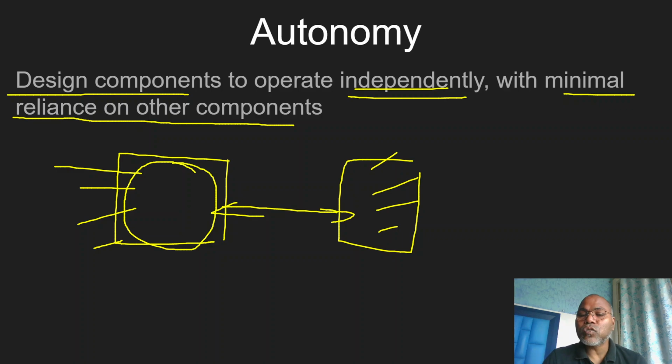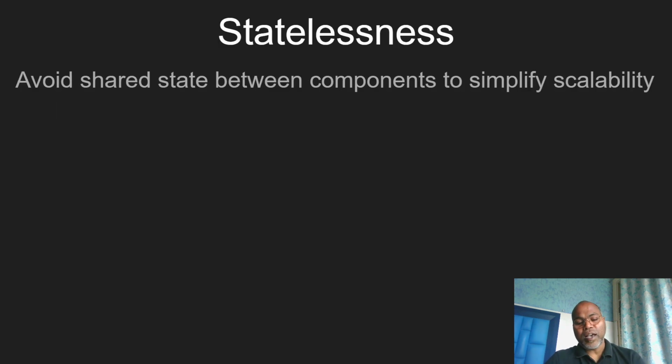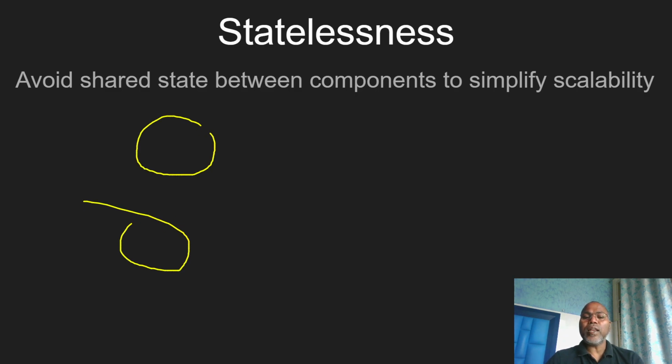So that also helps our scalability to be achieved easily and cost-effectively. And one more thing: whenever you are designing services, if possible, make your service stateless, not storing any kind of transactional or session information.